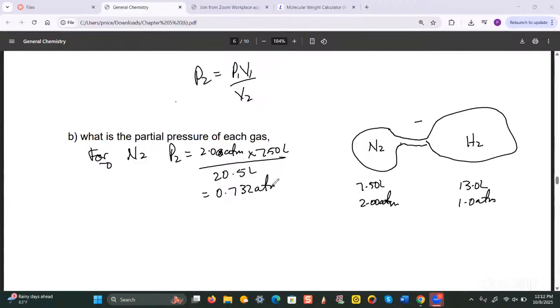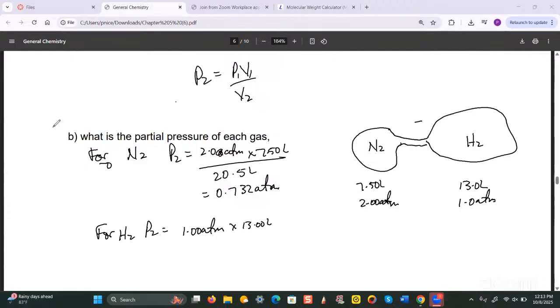So that's for nitrogen. And then what would be the pressure for hydrogen? P2. What's P1 for hydrogen? 1.00 atmospheres. What's V1? 13.0 liters.